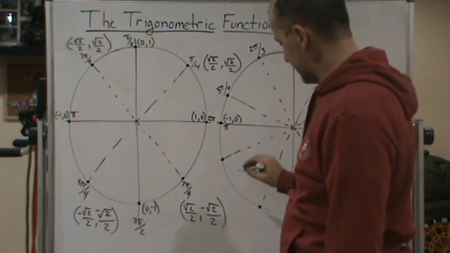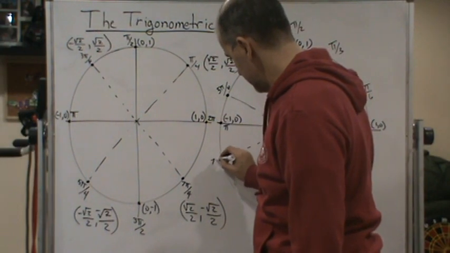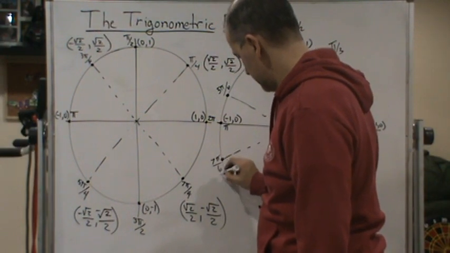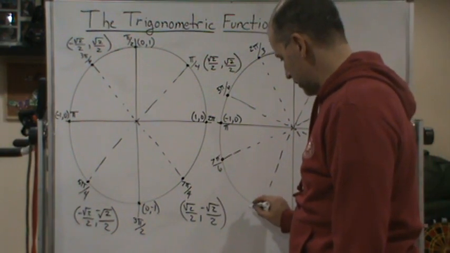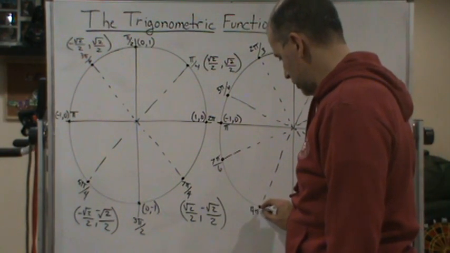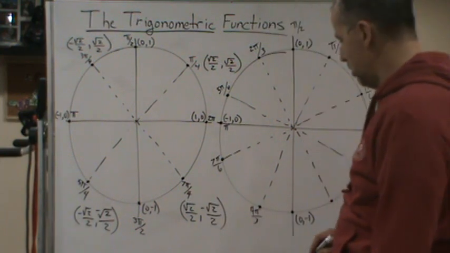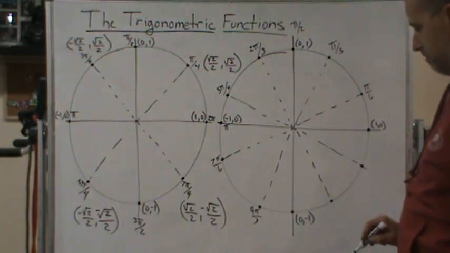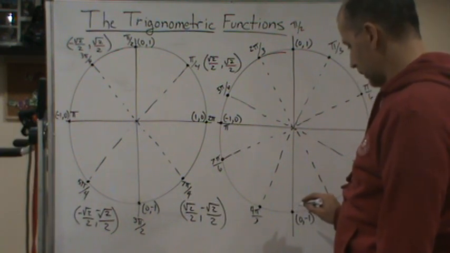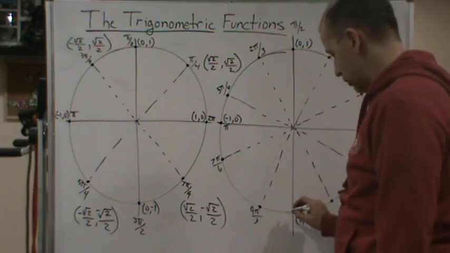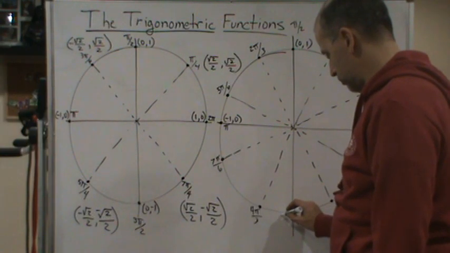And then we're going to get 7 pi over 6. And then 8 pi over 6, which is the same as 4 pi over 3. And then we get 9 pi over 6, which is the same as 3 pi over 2.